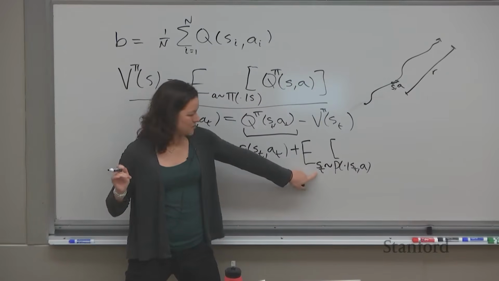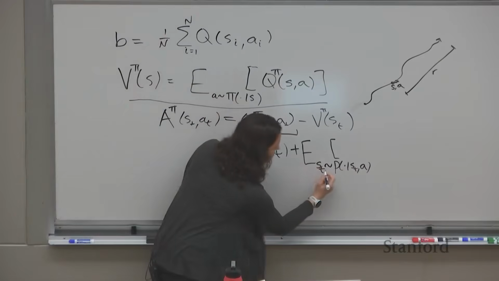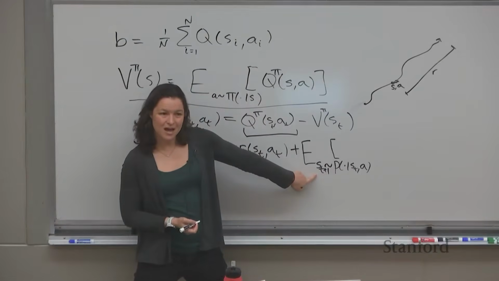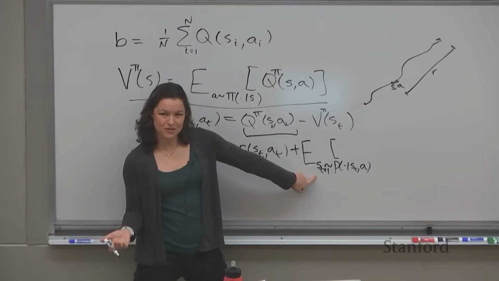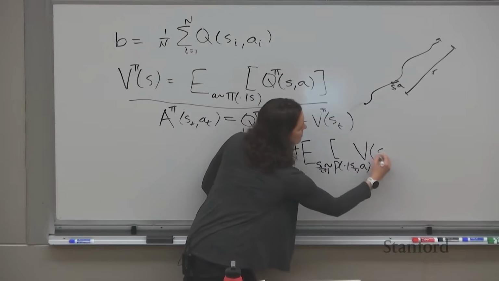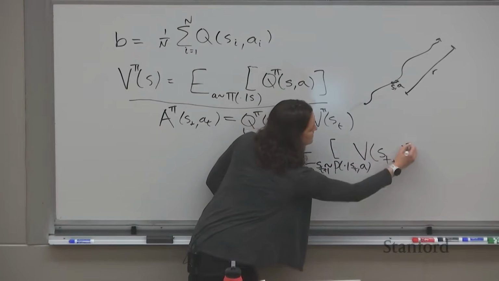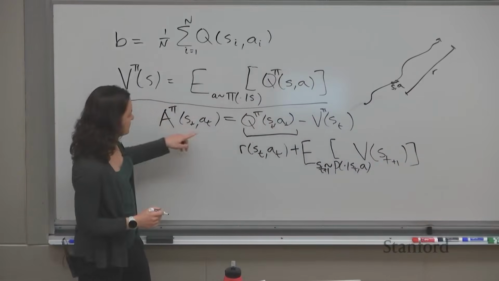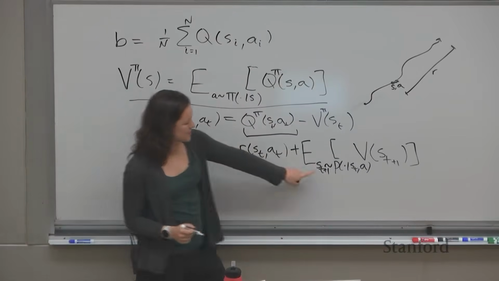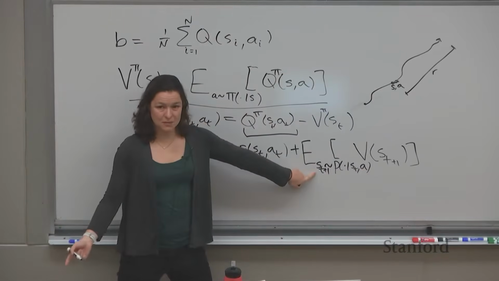The sum of rewards starting at s_{t+1} is equal to the value, right? The value of s_{t+1}. So we can write this Q value as the reward at the current time step plus the value at the time step after that.